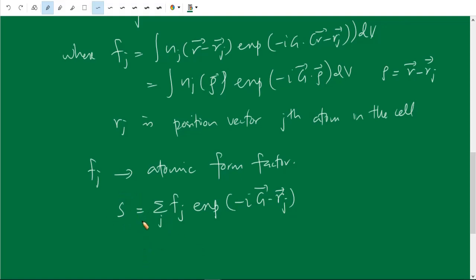So we have seen the structure factor and form factor, and also the scattering amplitude. Scattering amplitude is due to the entire crystal.